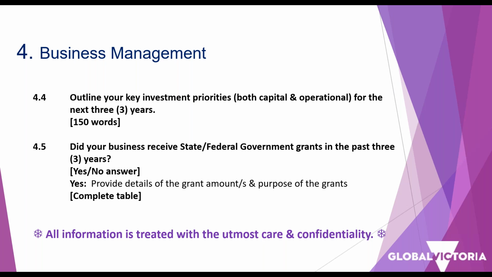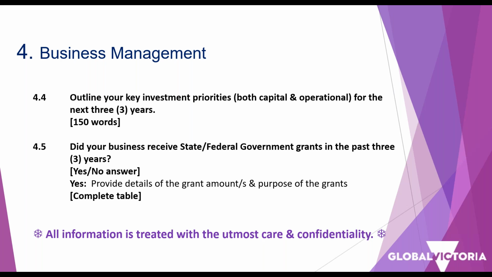150 words to outline your key investment priorities. Do not leave this question blank, because you must have investment priorities. Without those, there's a very good chance that the judges will not score you well, because you have not shown that you are thinking about the future of your international business.